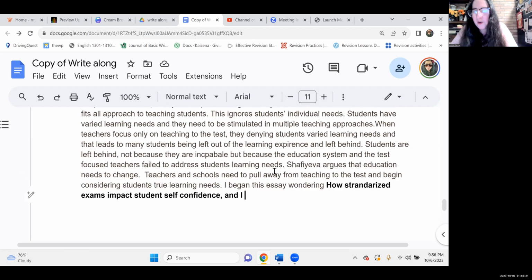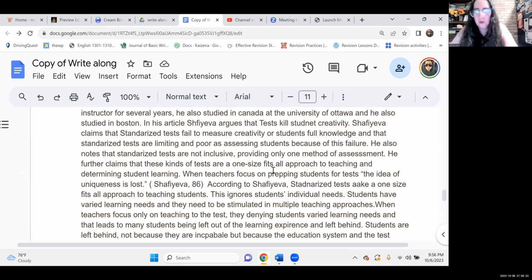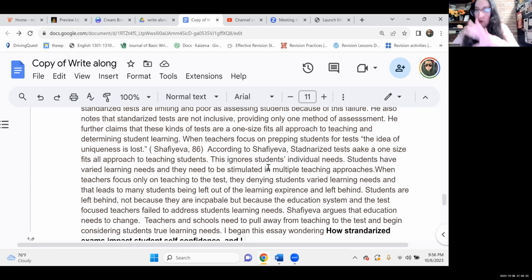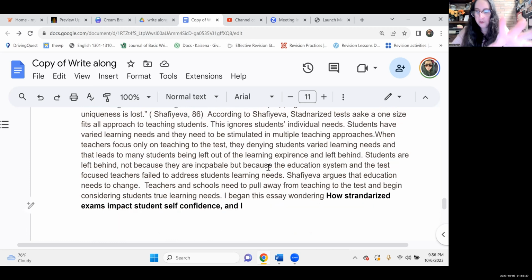Because nowhere in my source was he specifically talking about self-confidence, but as I think about it, the fact that tests kill creativity and are non-inclusive forms of assessment for determining whether students have learned something or not, that is definitely a killer of confidence. And so I'm going to make that connection.